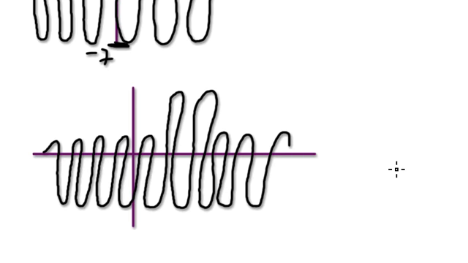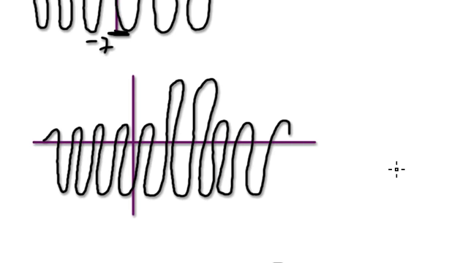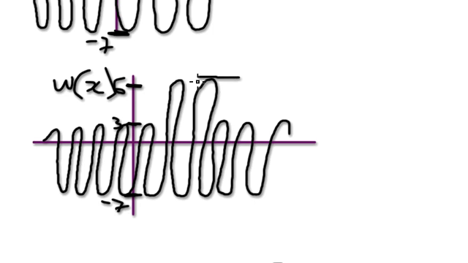Let's say you've got this function here, w of x. Let's say this is 3, this is minus 7, and this is 6. The range here would be this whole thing here.